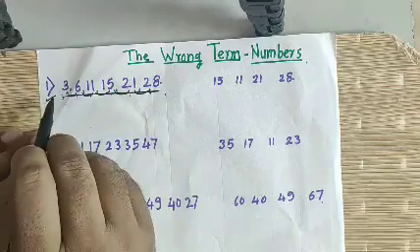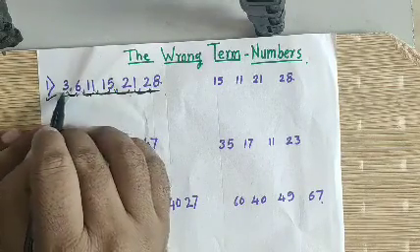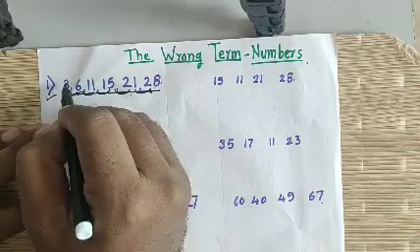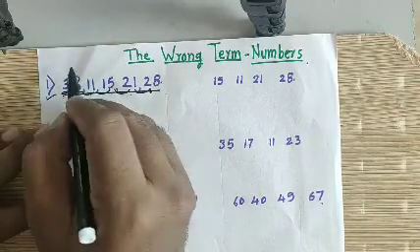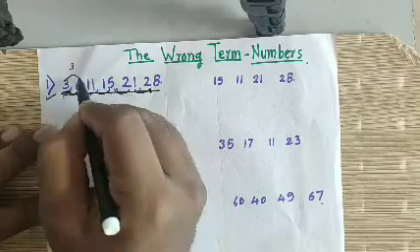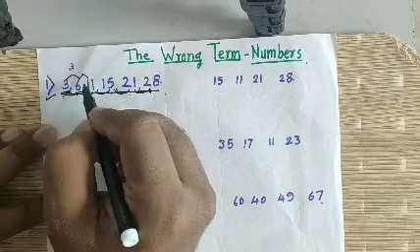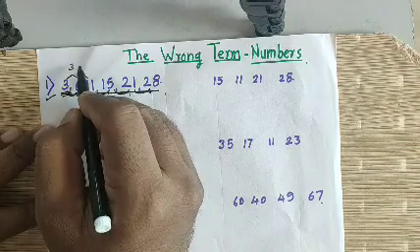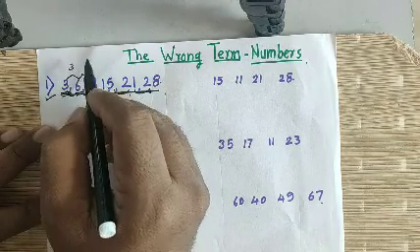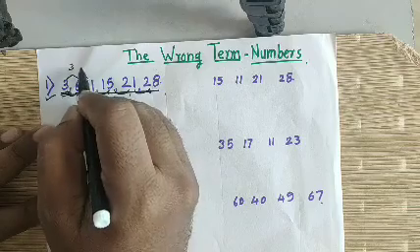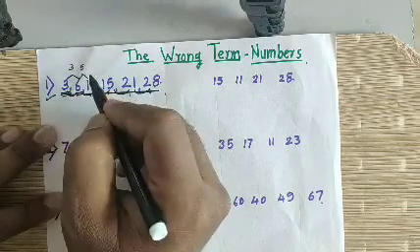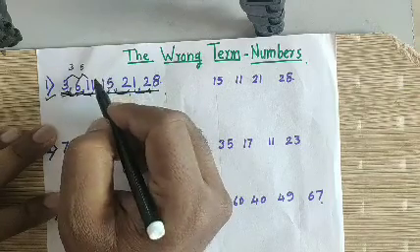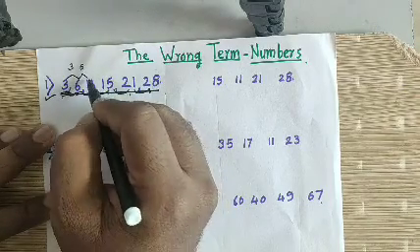So what is the difference between the first term and second term? The difference between the first term and second term is 3. The difference between the second and third term is 5.